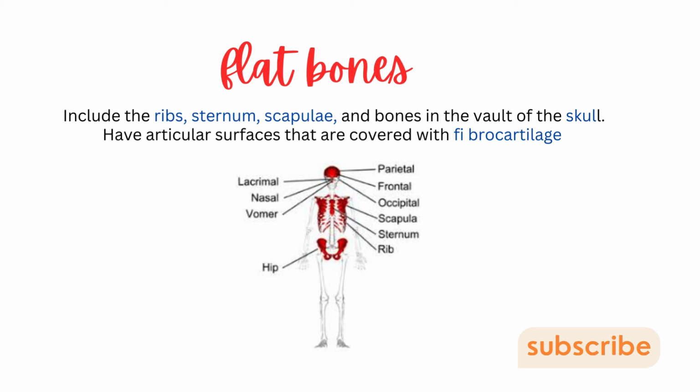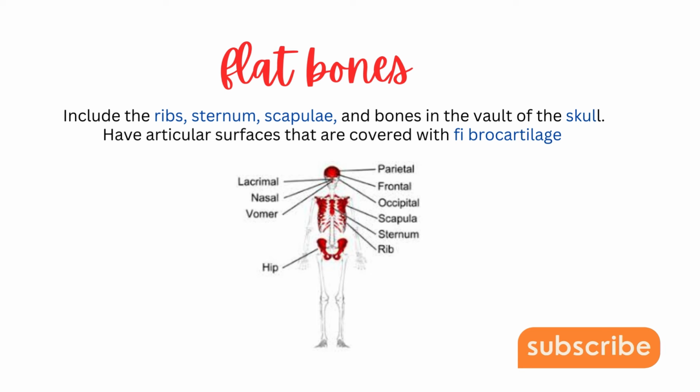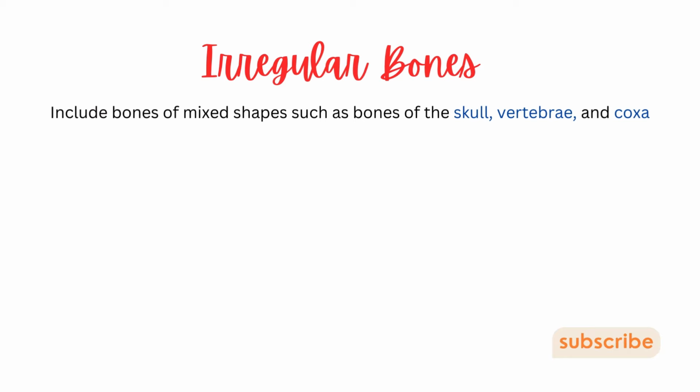as the bones of the skull, the ribs, and the sternum are individual flat bones. Now moving toward the fourth one, which is the irregular bone, then we will have the sesamoid bone, which is the last. The irregular bones include bones of mixed shape. They include some bones of the skull, not all. Why am I saying some bones of the skull?